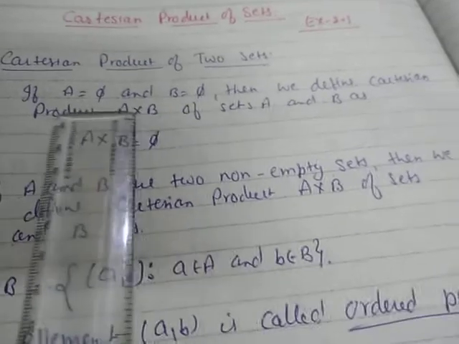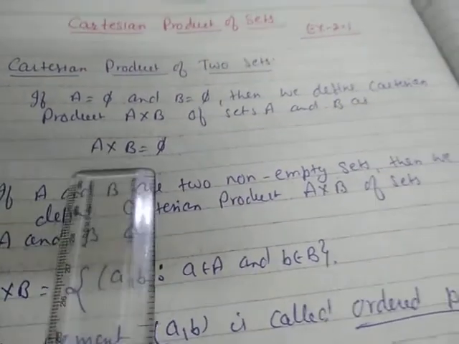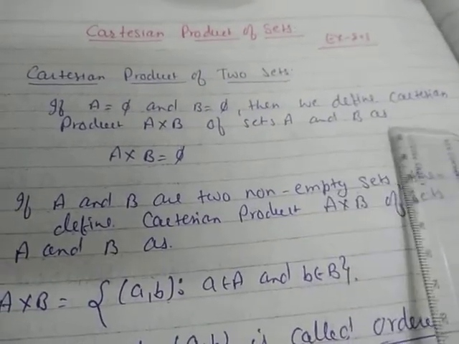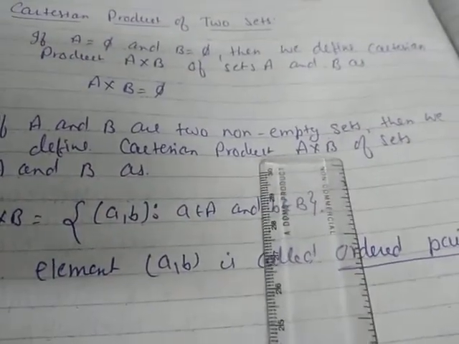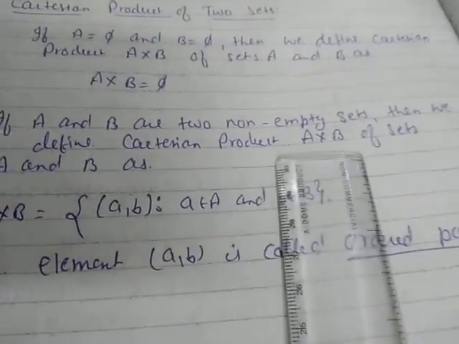A null set, B is also null set, then product of A cross B will be phi, or B cross A is also phi.